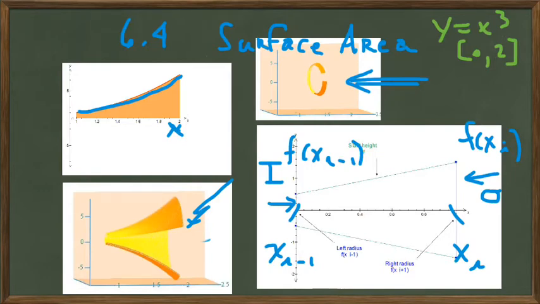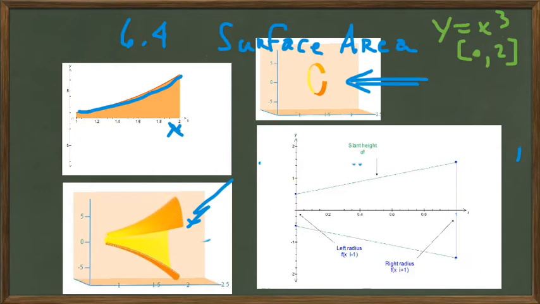And the way we determine this surface area is to calculate what's called the frustum of a cone. The frustum of a cone is determined from this cross section here.